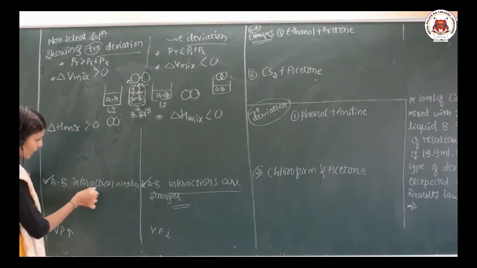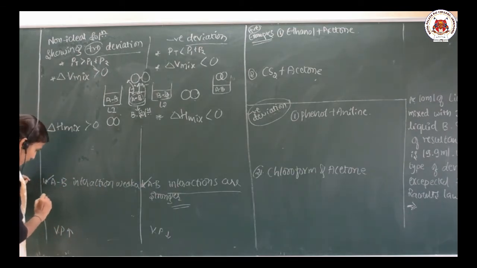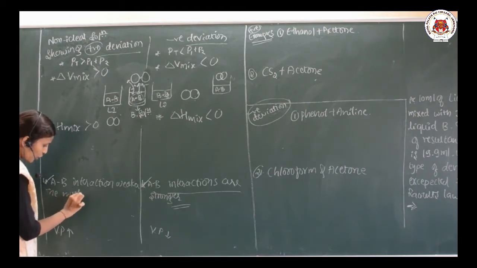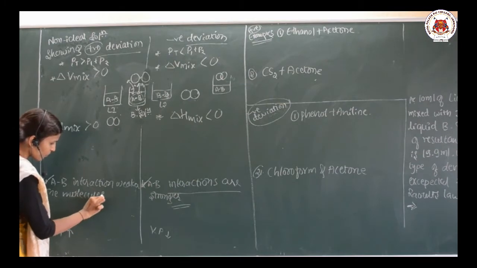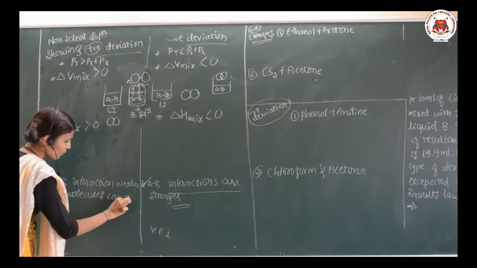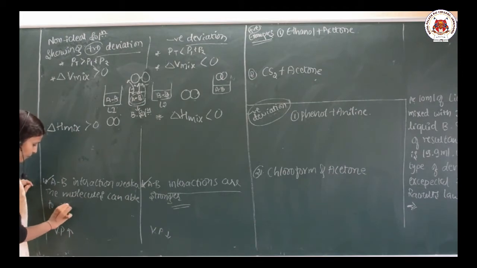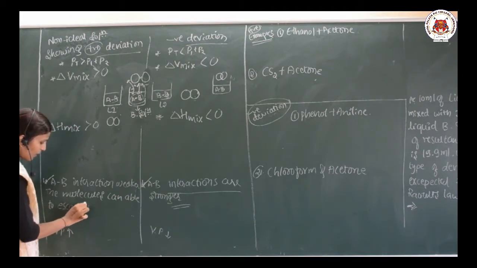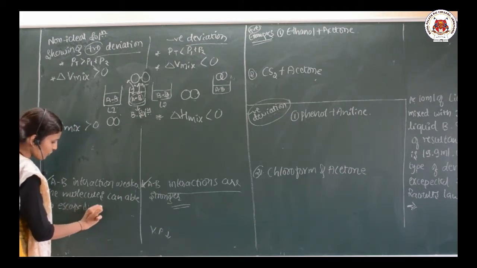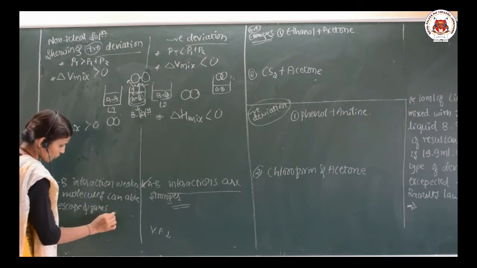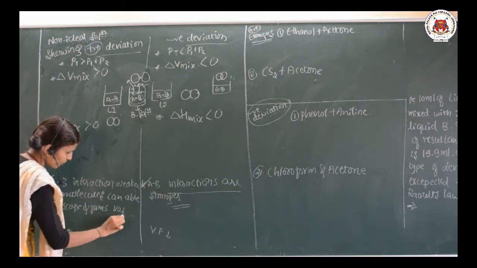So as the AB interactions are weaker, the molecules are able to escape and form vapor.